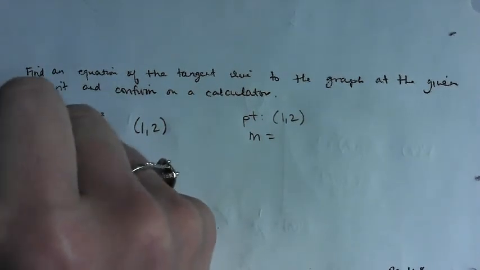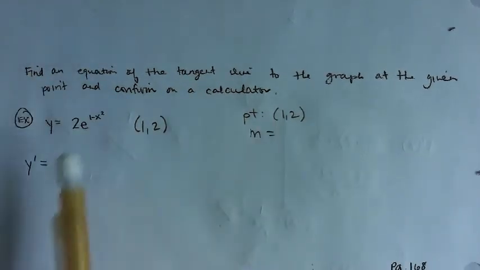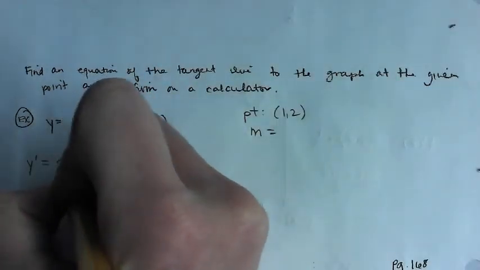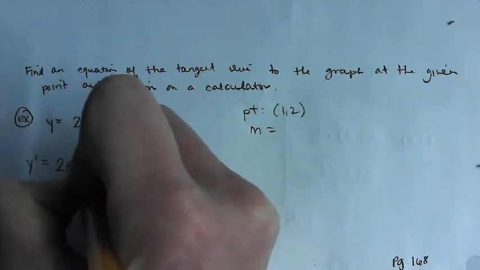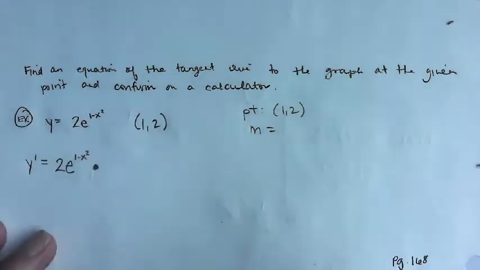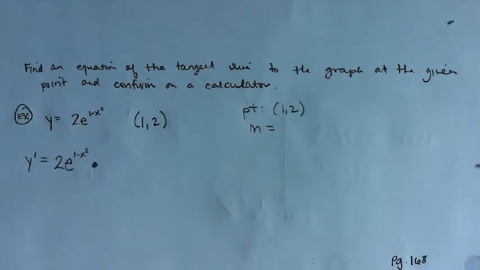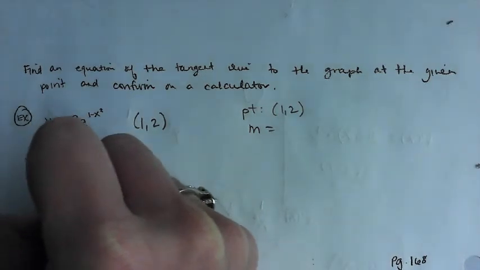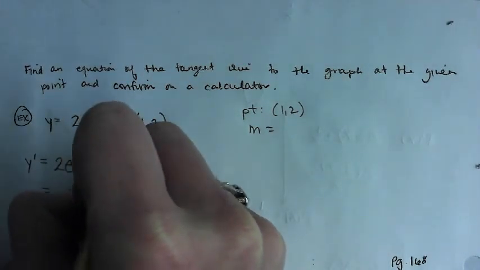So, y prime equals the derivative of e to the something is still e to the something, so this is still going to be 2e to the 1 minus x squared, but then we're going to have to multiply it by the derivative of what's inside, which is negative 2x. So this all becomes negative 4x e to the 1 minus x squared.